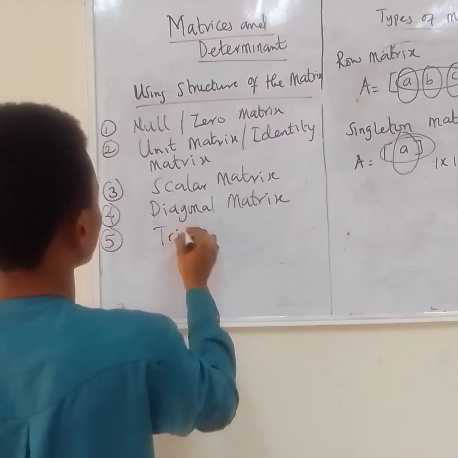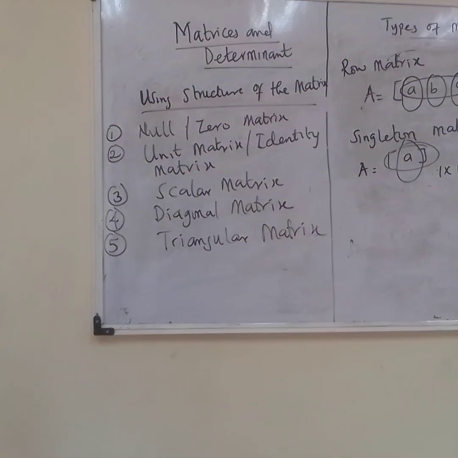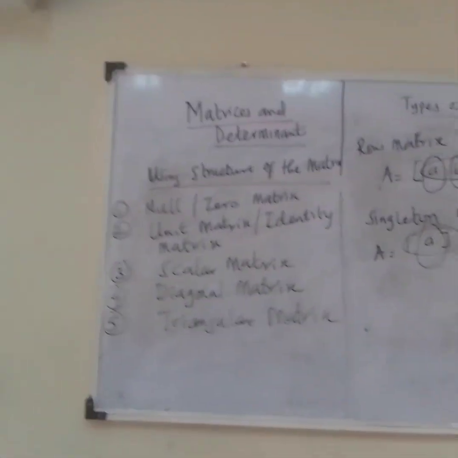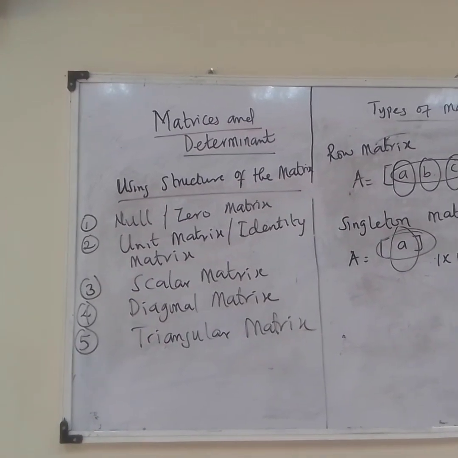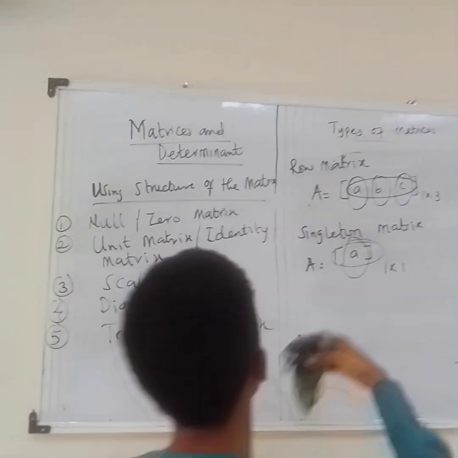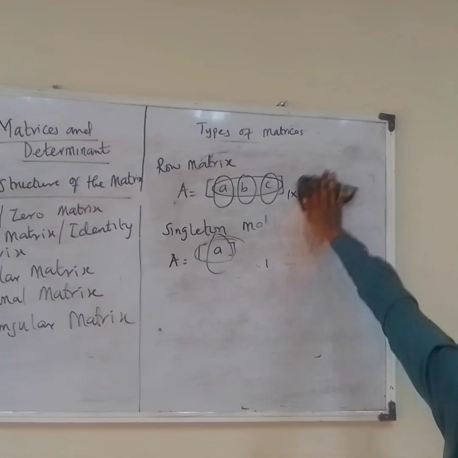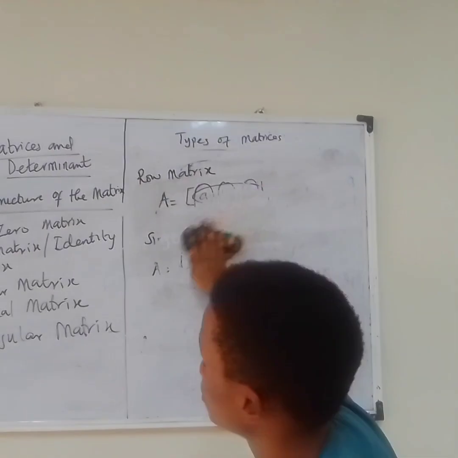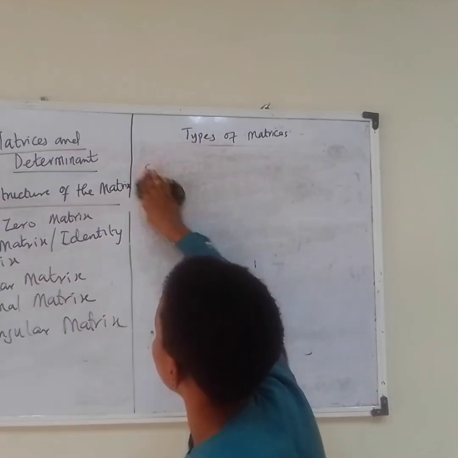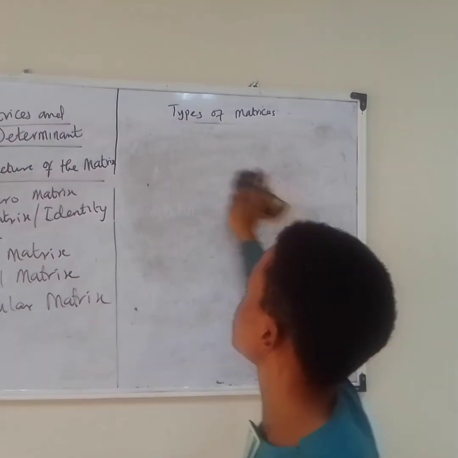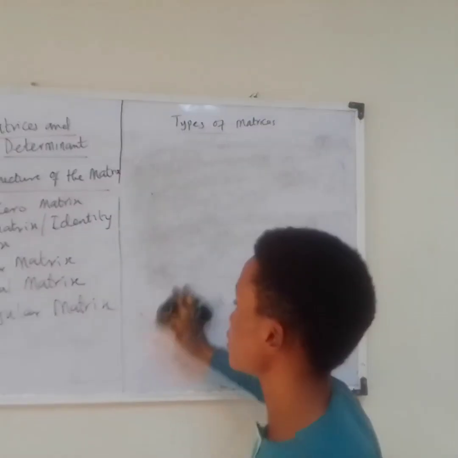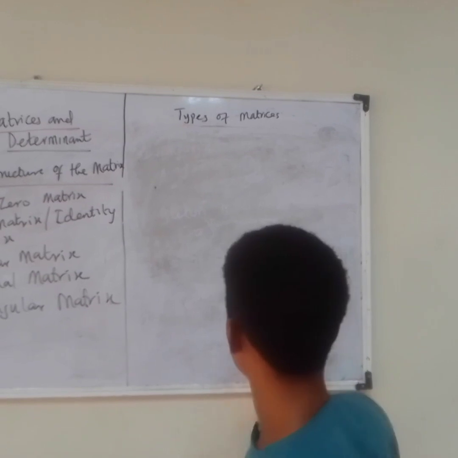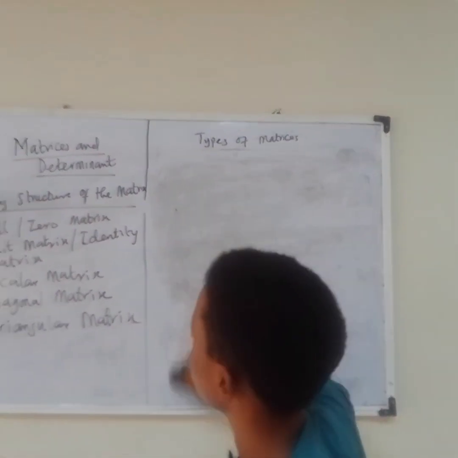And five, we have the triangular matrix. So by structure of matrix, we have the null matrix, unit matrix, scalar matrix, diagonal matrix and triangular matrix.